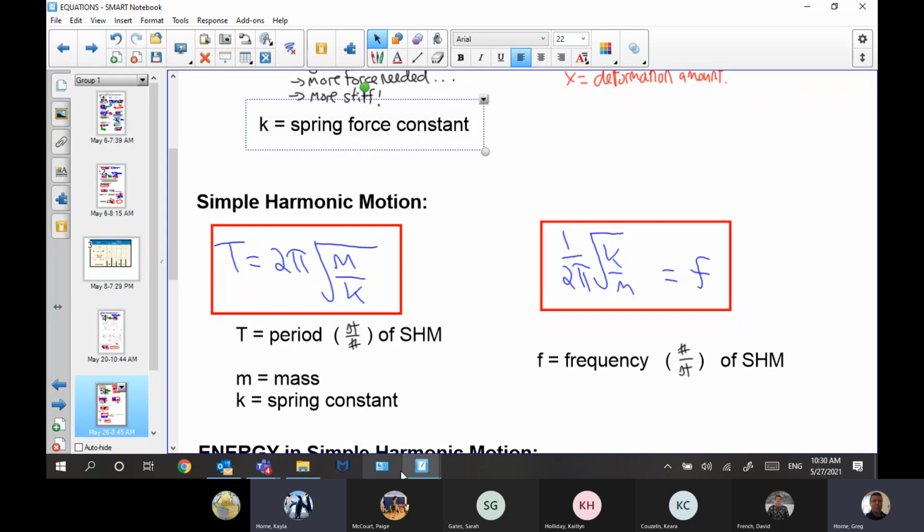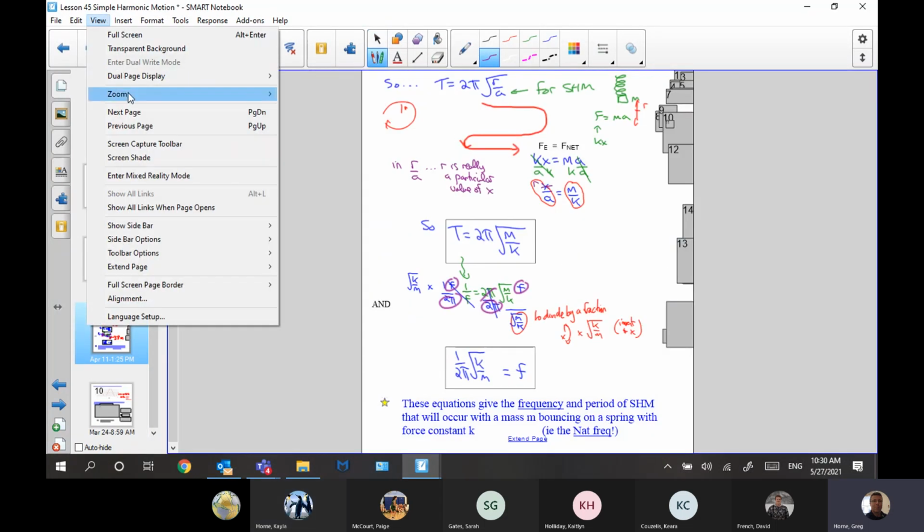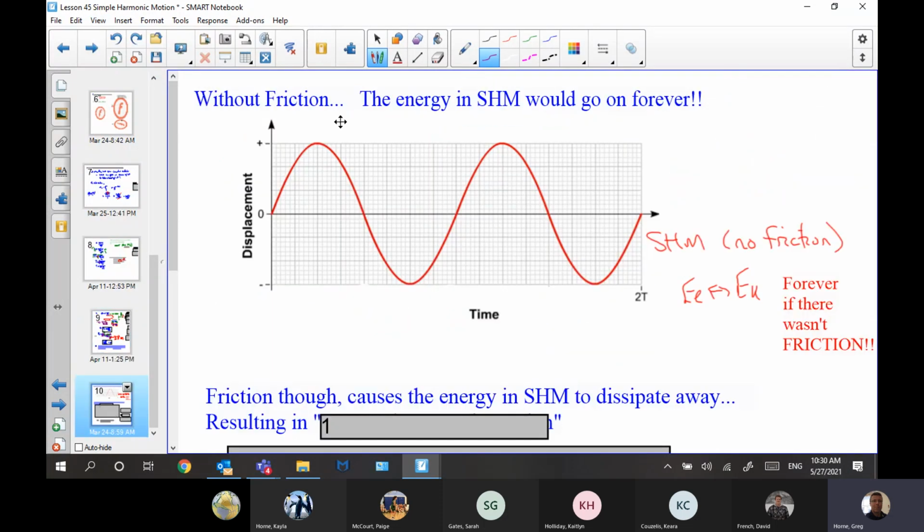Okay, so the last thing to show to do with this was to talk about, in theory, we could say, oh yeah, that'll just bounce up and down and it has this nice, perfect simple harmonic motion. But of course, we know there's friction. If there wasn't friction, it would just keep doing this. But in reality, there is friction, even if it's just internal friction of a spring bouncing back and forth, the spring warms up basically.